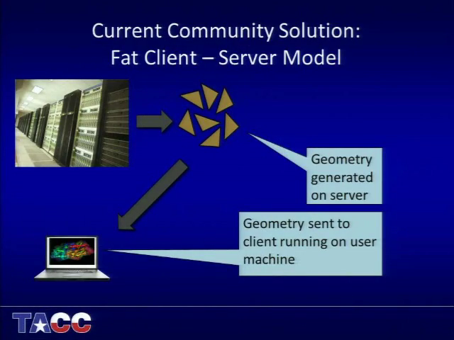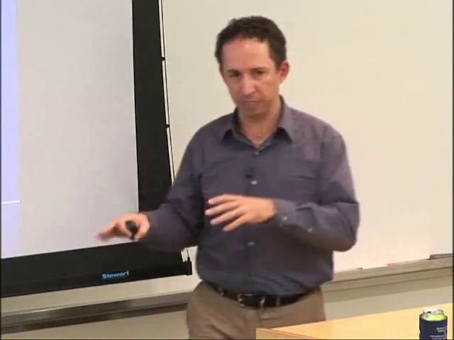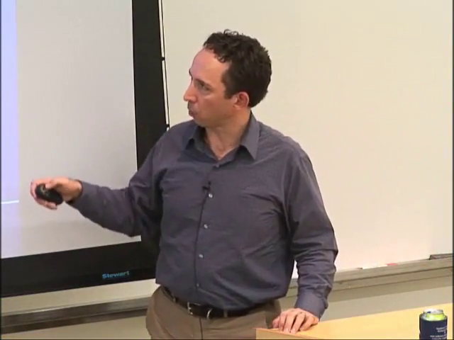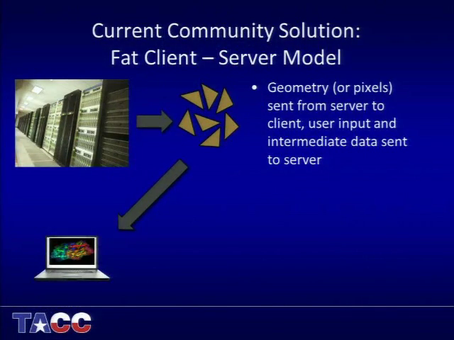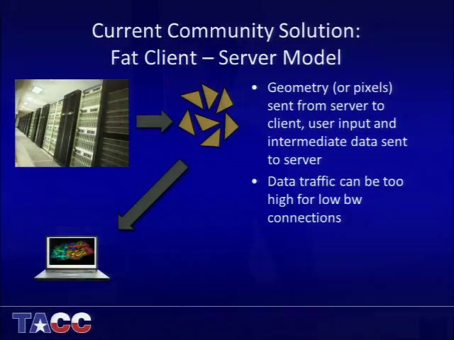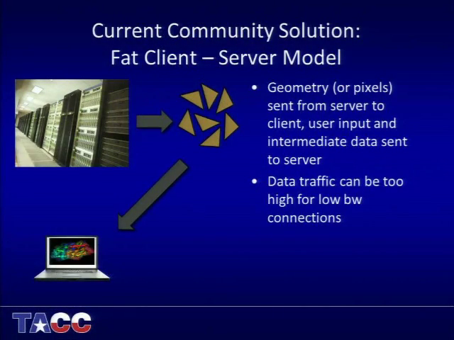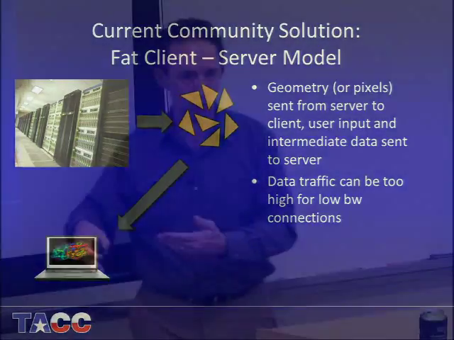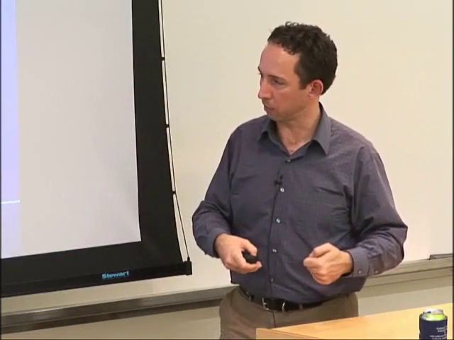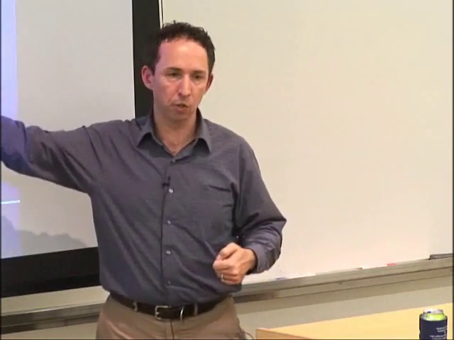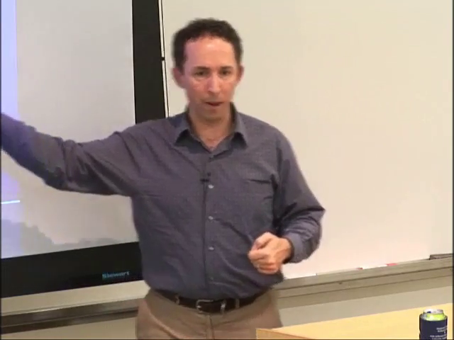And some of them, Visit in particular, tries to be smart about when it ships pixels versus geometry. But what we've seen is that the data traffic, especially doing managed communication within the software, can be too high for low bandwidth conditions.